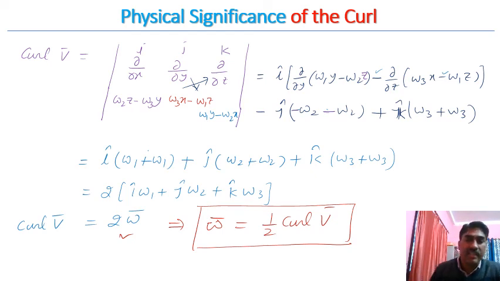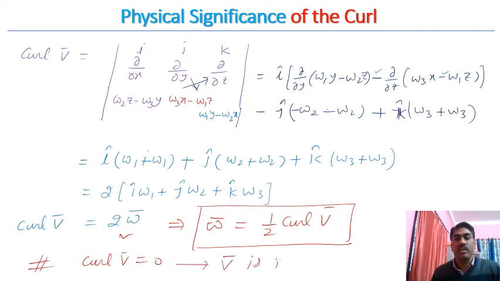So we say that if curl V is equal to 0, then the vector is called irrotational. That is, we say that V is irrotational, meaning the rotational part is absent from the vector. This is the physical significance of curl.